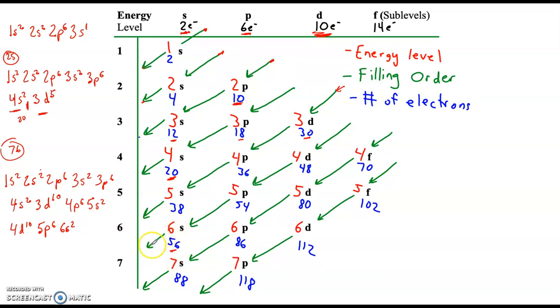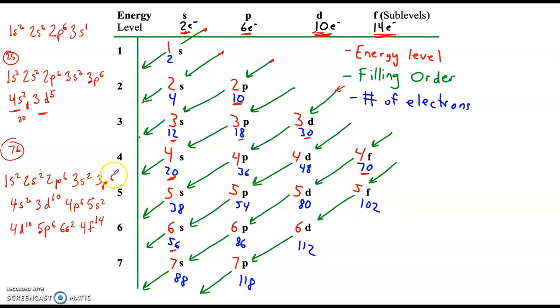After the 6s2, we jump way out to the 4f. Now, remember, an f sublevel holds 14 electrons. In order to be able to put all 14 in, we need to have a total of 70, which is fine because we have 76. So I'll put the full 14 in here.